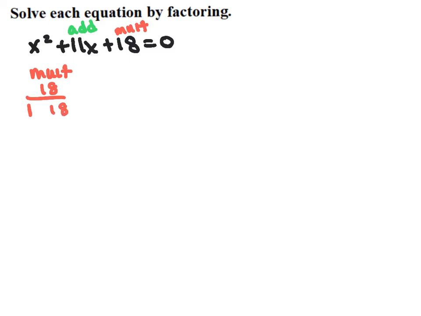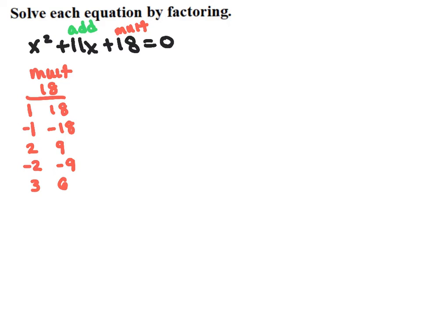And 18 divided by the negative version, or negative 1, gives us negative 18. Then if I divide 18 by 2, it gives us 9. And 18 divided by negative 2 gives us negative 9. Then I next can check 18 divided by 3, which gives us 6.